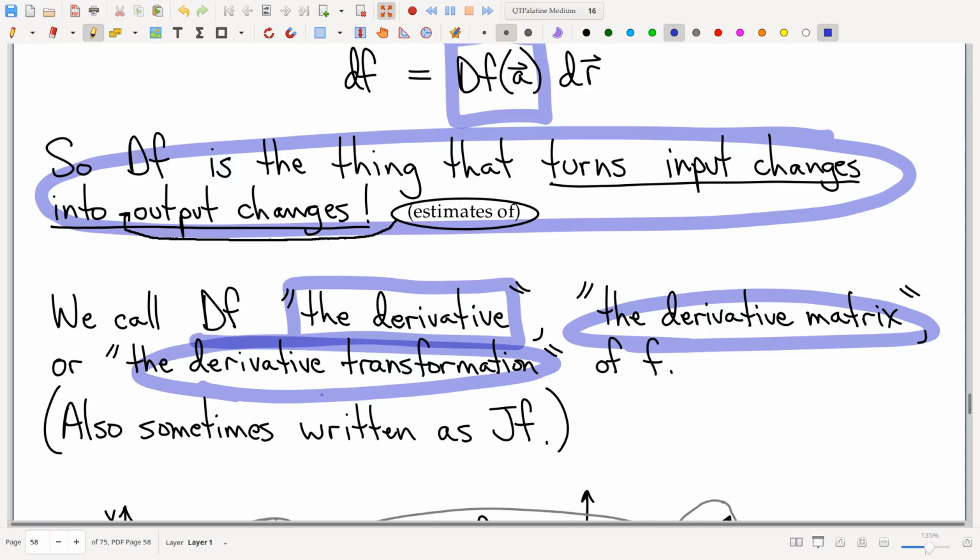So when you hear derivative transformation, you just got to remember we're still talking about the derivative matrix, aka the derivative. And I think that's the one that's going to catch you off guard the most: when people say the derivative, you're going to reflexively think of that as being a number. And you got to remind yourself, no, not anymore. Derivatives are now matrices, at least in general.